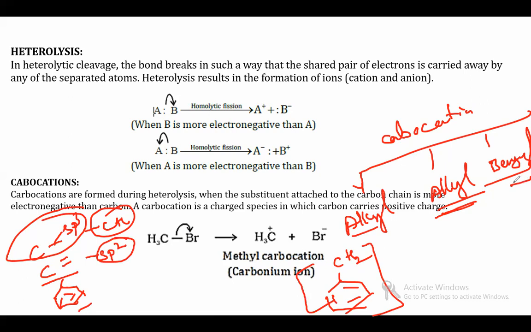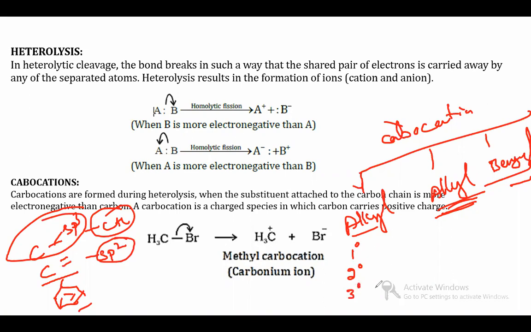Now this carbocation is divided into 3 types: alkyl carbocation, allyl carbocation, and benzyl carbocation. So we know the difference between alkyl, allyl, and benzyl. Alkyl carbocation is divided into 1 degree, 2 degree, and 3 degree carbocation.